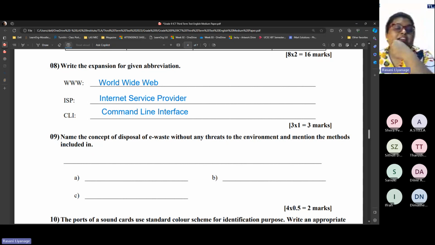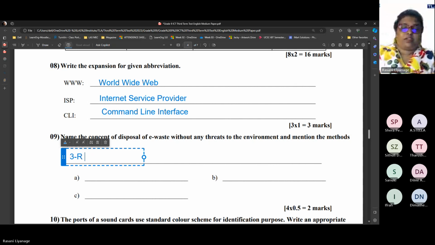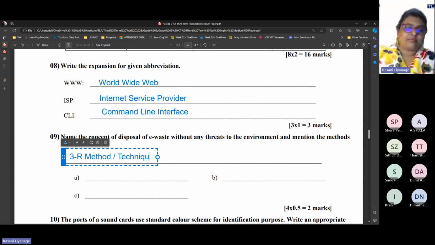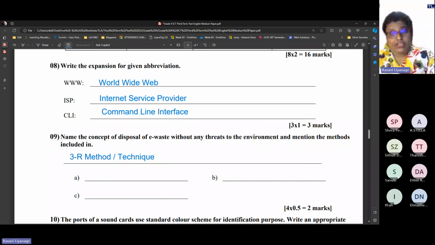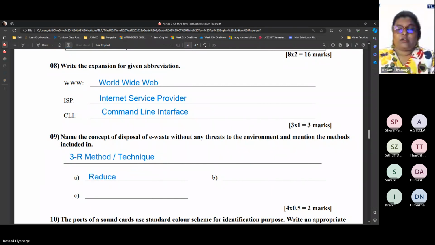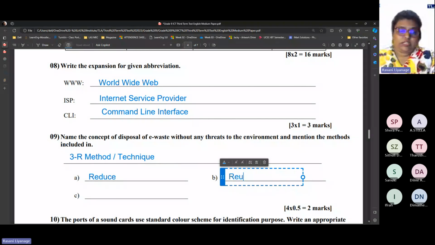Okay. 9th is name the concept of disposal of e-waste without any threats. That is 3R method or 3R technique, anything fine. That is 3R නේ අර්ථයක් තියෙනවා. Reduce, reuse, recycle.